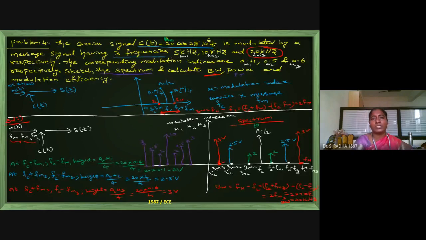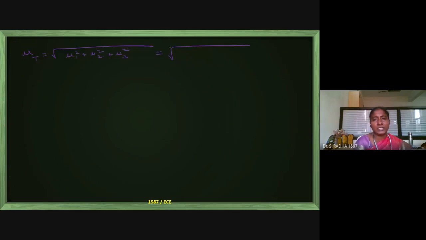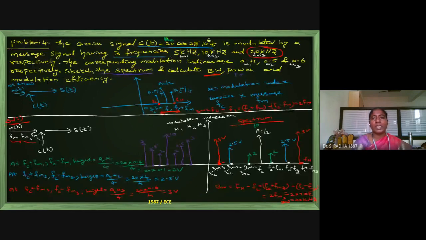So 0.4 whole square, then 0.5 whole square plus 0.6 whole square. This is the overall modulation index. So what they are asking: power and modulation efficiency.